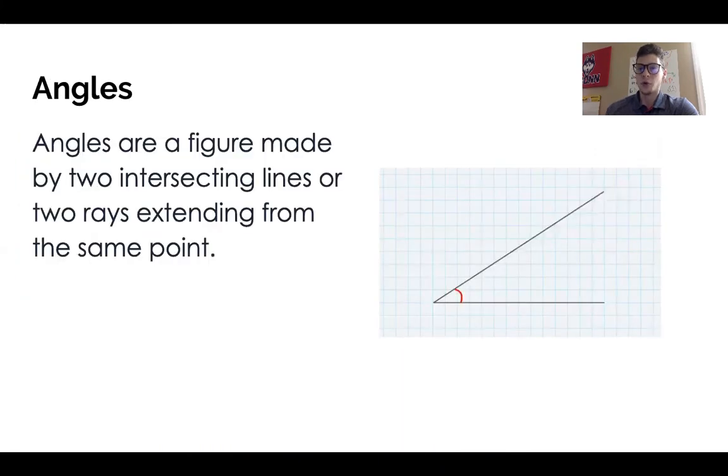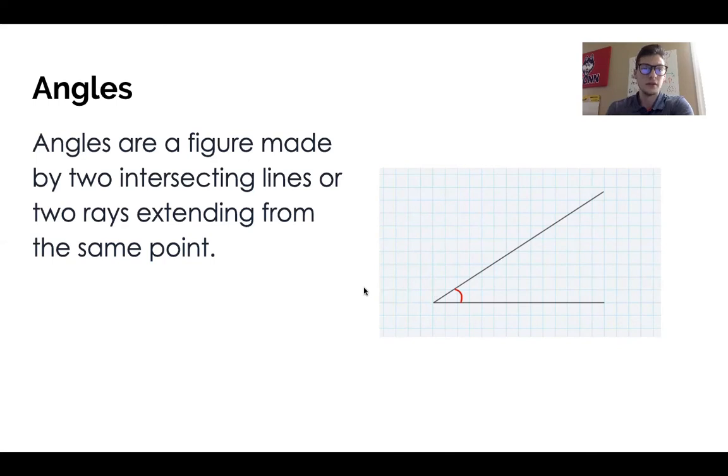Now, in order for us to understand the shapes that we're going to be learning about today, we do need to build some background knowledge and talk about some vocabulary. The first word we're going to learn is angle. Angles are a figure made by 2 intersecting lines or 2 rays extending from the same point. If you see here in this picture, you have one line and a second line that intersect, and because they intersect, the red right here is the angle that they form.